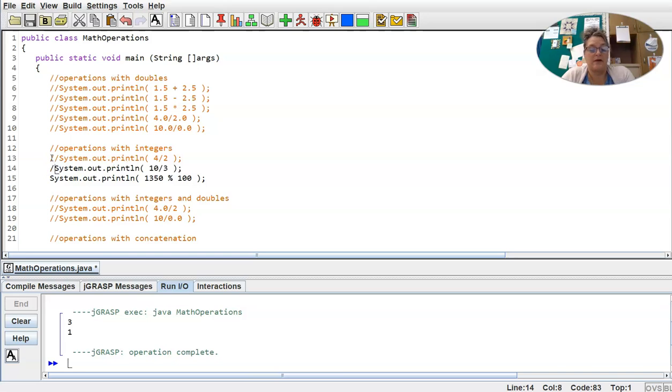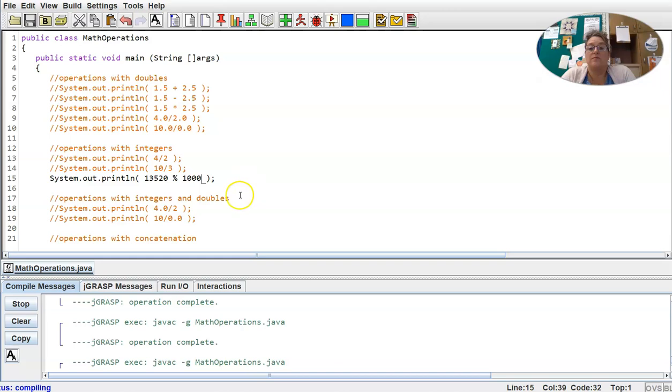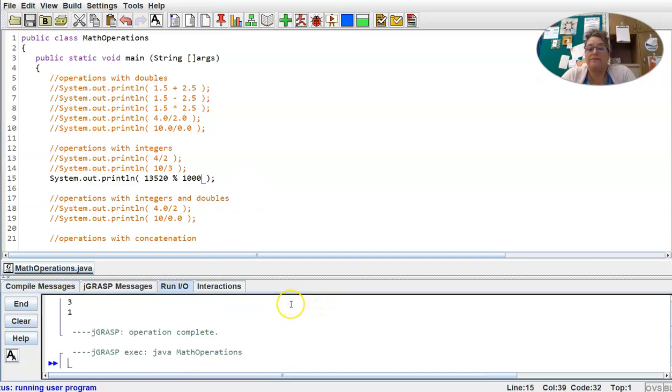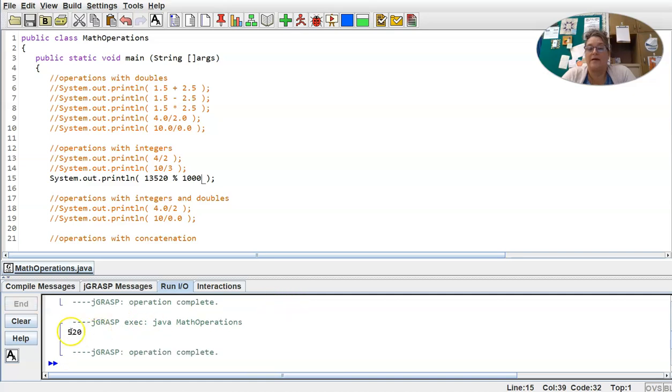So let's go ahead and try one that's even a little bigger. So let's do 13,520. We'll capture 3 digits this time, and we should get 520 as our answer. Okay, and there it is.